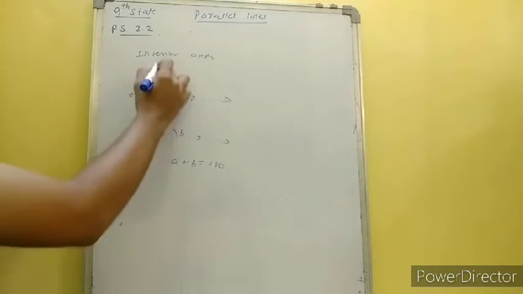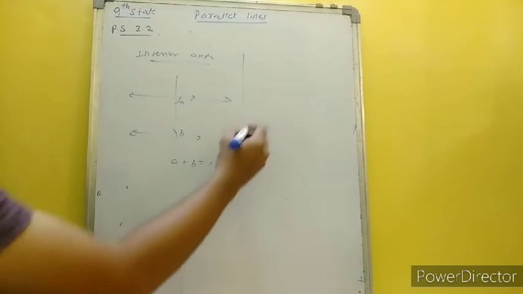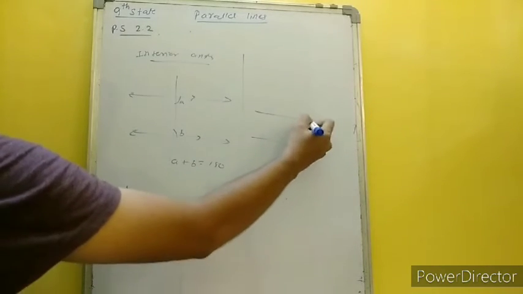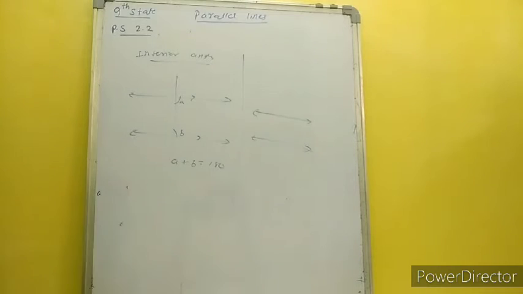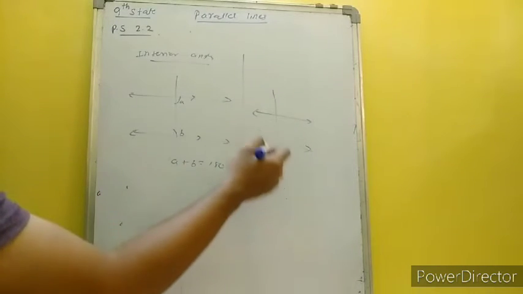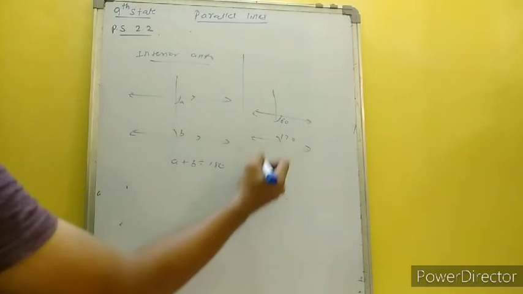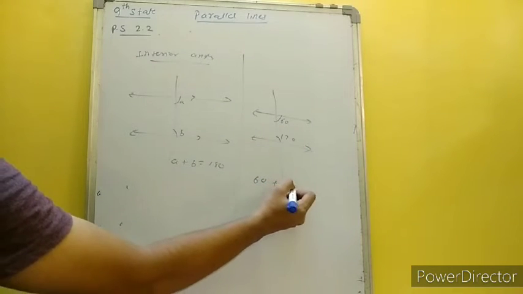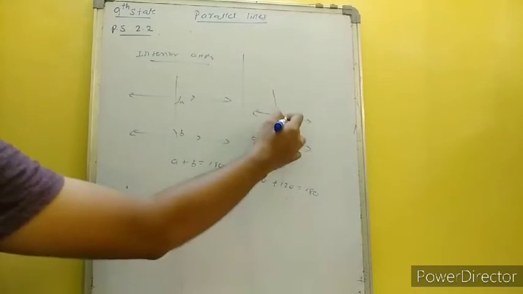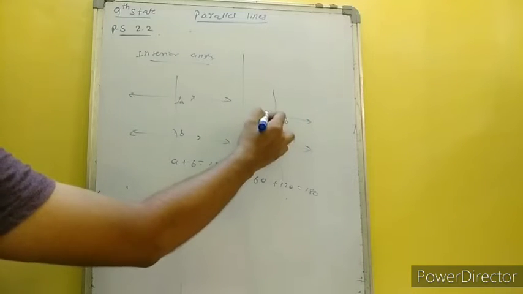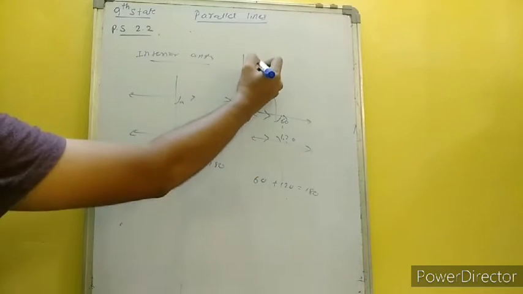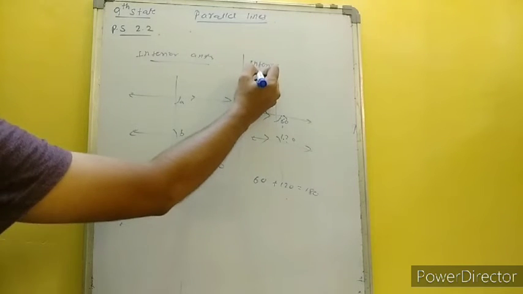It is called interior angles. Now we have two lines, we don't know whether they are parallel or not, and we have a transversal. One angle is 60 and other is 120, and as 60 plus 120 will give me 180. When interior angles sum up to 180, the lines are parallel. So it is interior angles test.